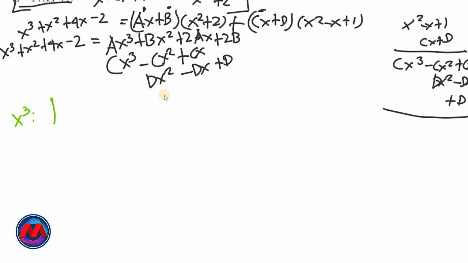Imaginary 1 kahit walang nakalagay. Dito naman is A plus C. Dito siya galing. Dito yung 1, dito yung A, dito yung x. Alright? So, next, hanapin naman natin yung mga coefficients ng may x squared. That's 1, imaginary ulit, is equals to b minus c plus d.